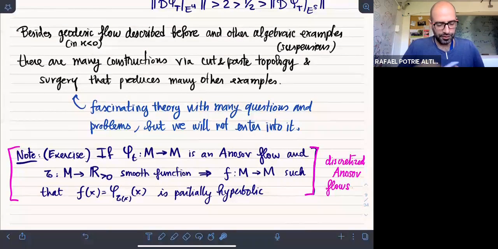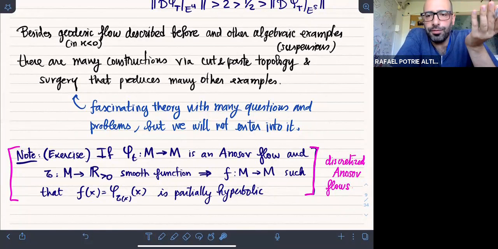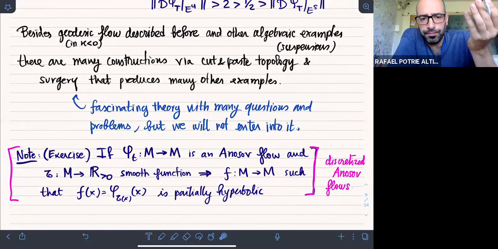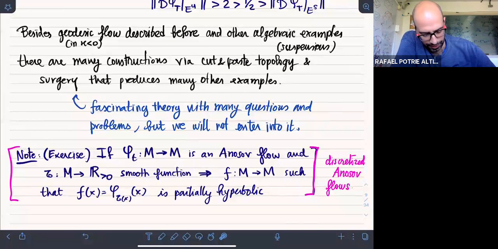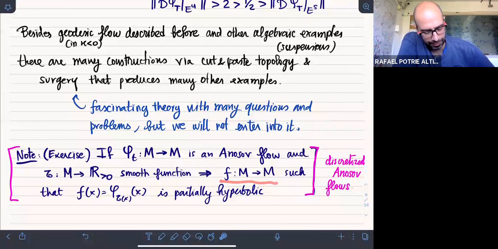Since it's a mini course, I wanted to give an exercise in case you get bored. The exercise is doable, but not totally obvious. It consists of taking an Anosov flow and fixing a smooth function tau which is positive, and considering the map of the manifold such that f of x is phi tau of x of x.